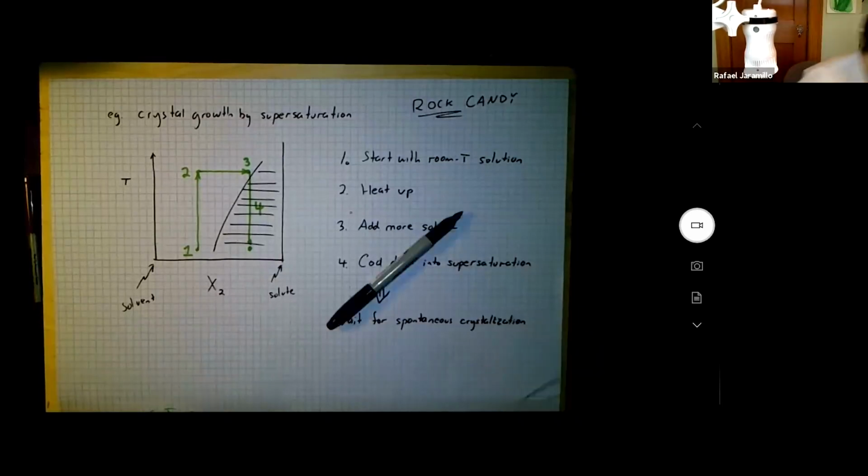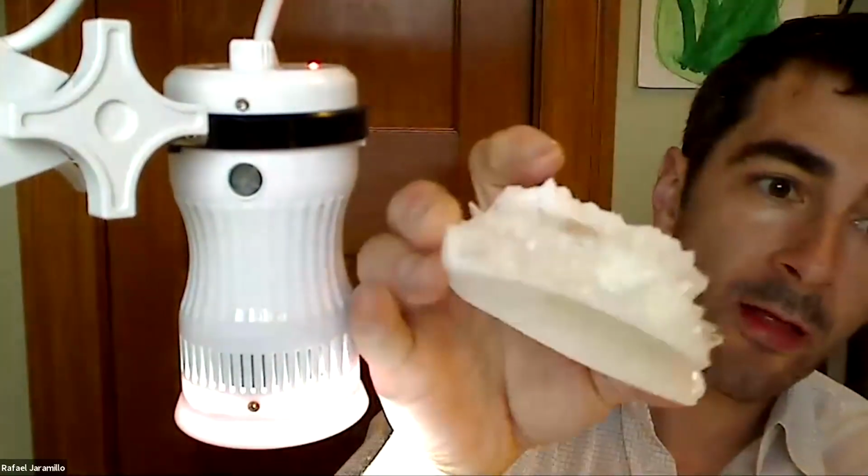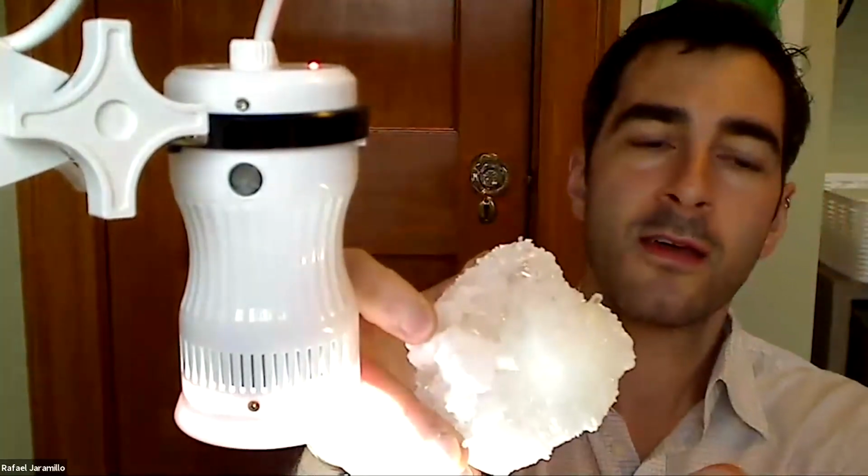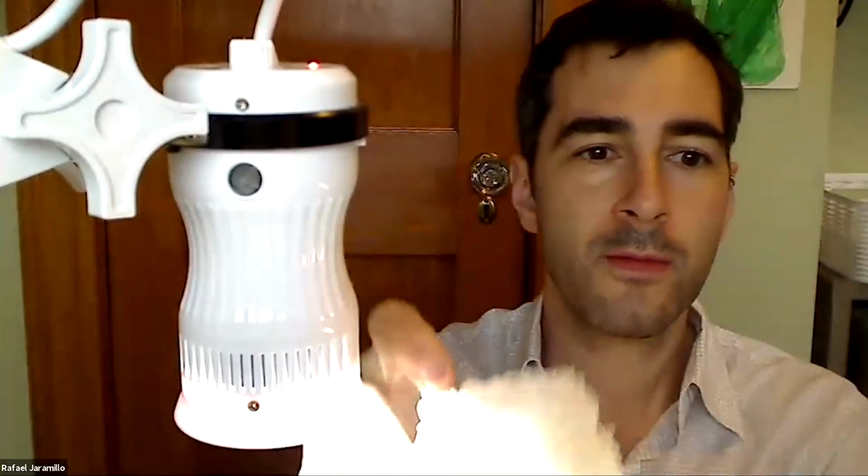Okay, I'll be right back. What we're showing you is a large piece of rock candy. And how did we make this? We took water and made syrup, then heated it up on the stove and made it even syrupier, until it was really viscous.